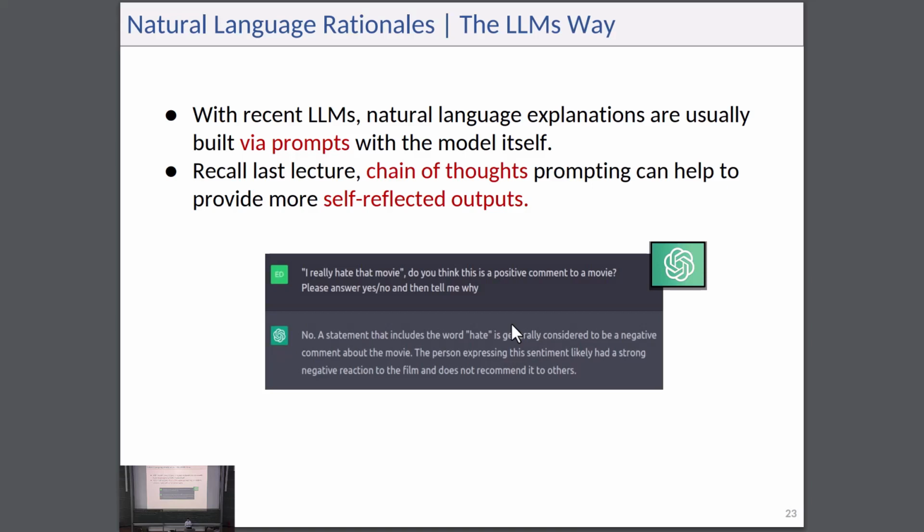Exactly. So on a very practical level, the way you enforce this is either by explicitly requesting the model to produce an explanation, or by providing answers that reflect the type of explanation that you want, and that's chain of thought. So I provide a prompt, and I also give the answer.